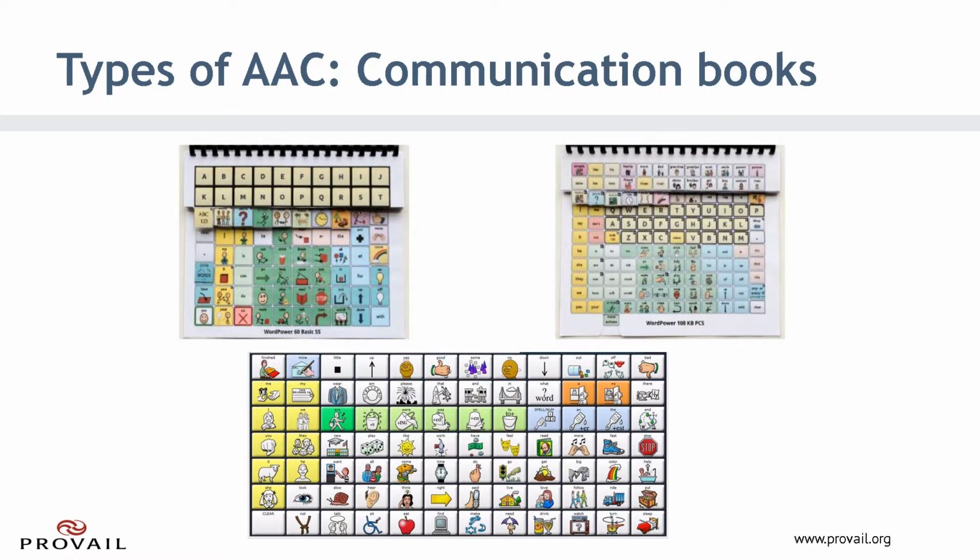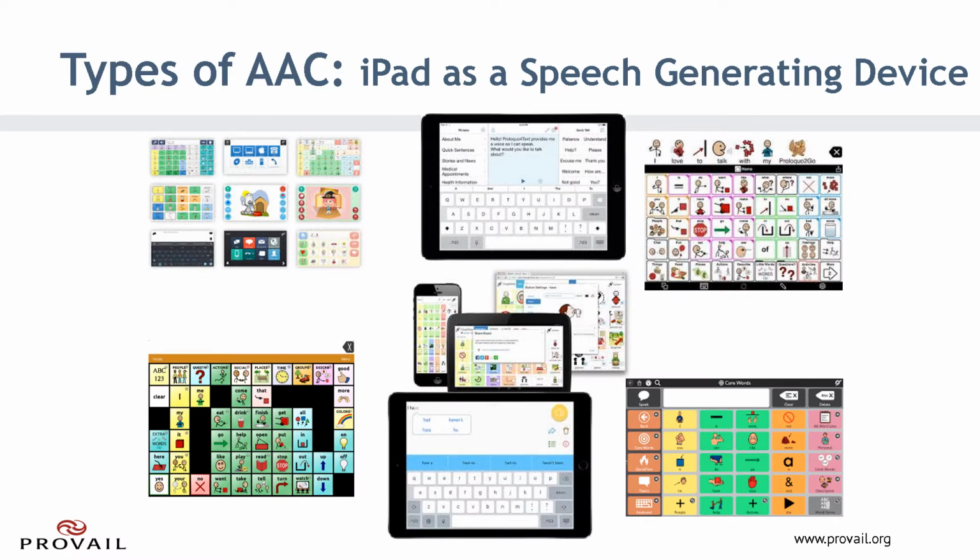Communication books can be used as an alternative to high-tech communication programs. iPads and other tablets are often used as a platform for communication devices, with a wide variety of apps that are available at different levels of complexity for communication.